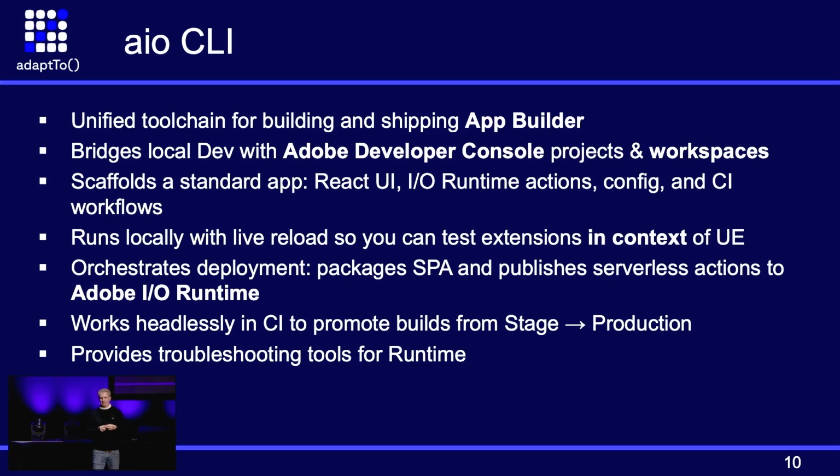In this case, it's basically the tool chain for everything which you want to do with App Builder. It allows you to do local development, push your code to production, and also gives you templates to scaffold your whole application so that you don't have to think about how to set it up. Simply you call aio app init and you get a variety of templates which you can use for the setup of your application.